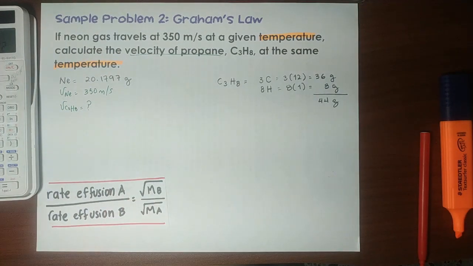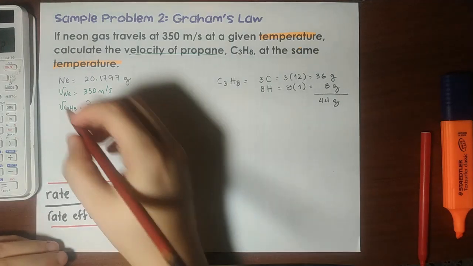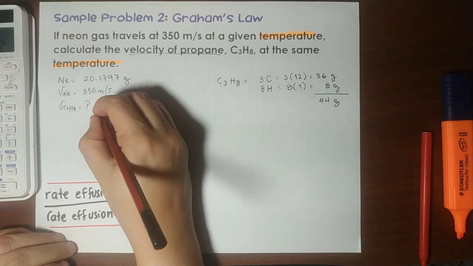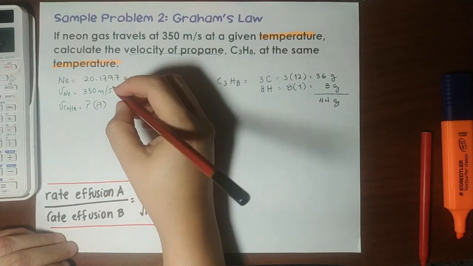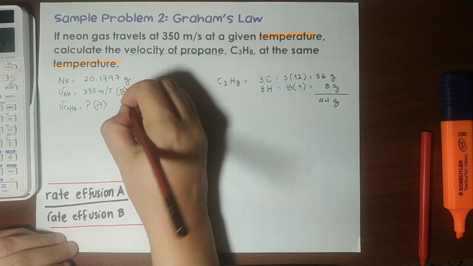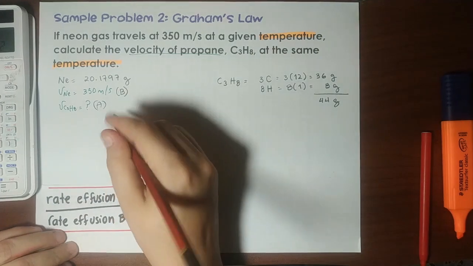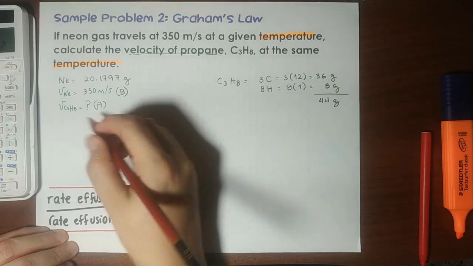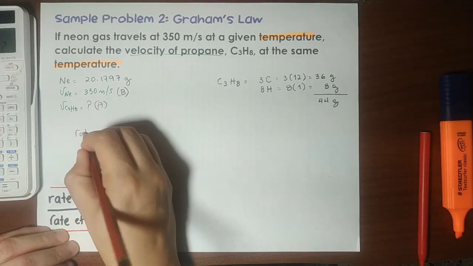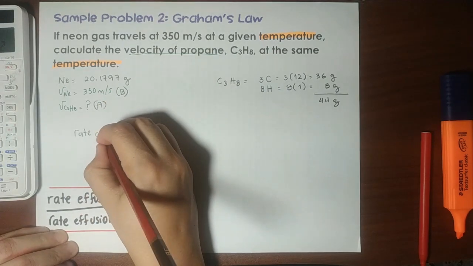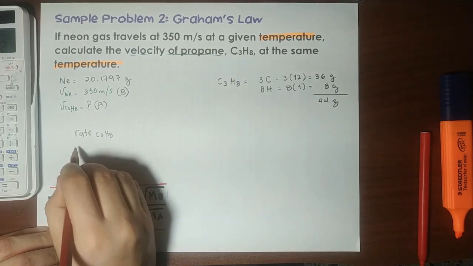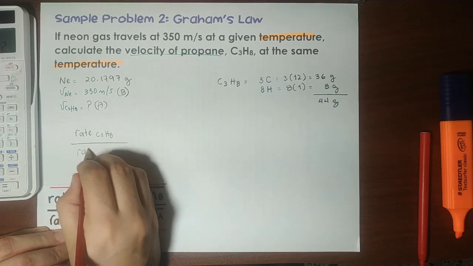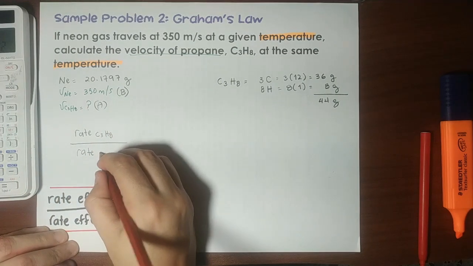As my unknown is propane, I'm going to write it on the top. In this case, propane will be A because it's my unknown, and neon will be B. So I have the rate of C3H8 divided by the rate of neon.